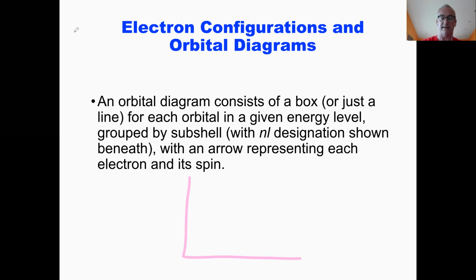It looks like this, with energy going up here, and electrons here on the bottom. We give them either boxes or lines, I don't really care. Then you individually show each electron and where they are and what spin they have. I'll give you an idea of what I'm talking about.